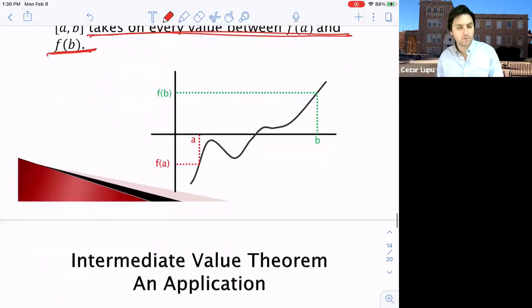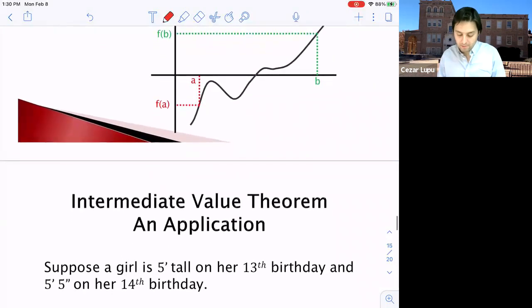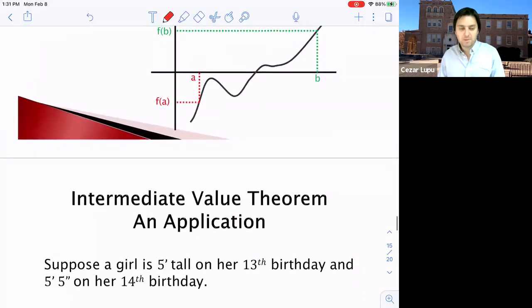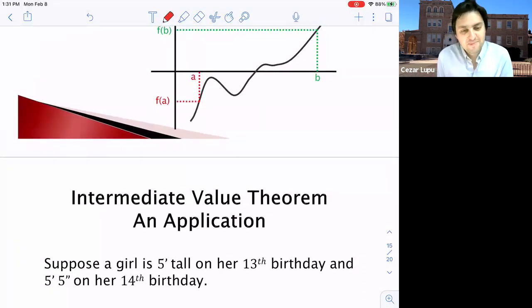And now let's see some applications of the intermediate value theorem. This is a very, very nice application, actually. We see some real world applications, like you would not expect. Suppose a girl is 5 feet tall on her 30th birthday and 5.5 feet on her 40th birthday.